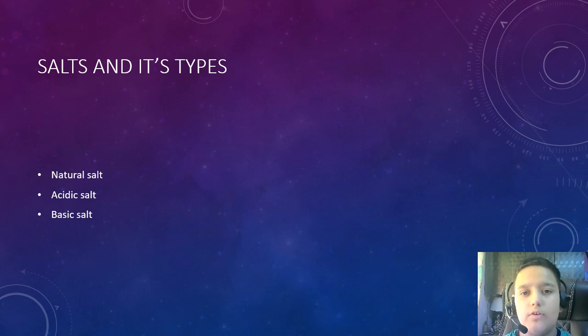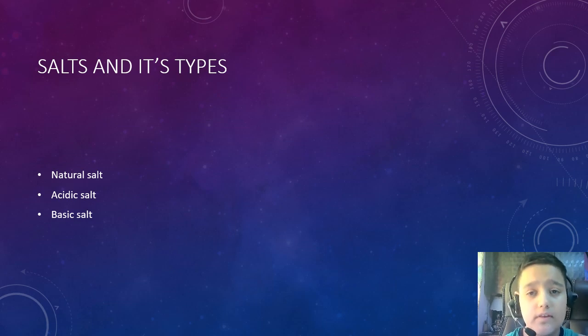Let me give you an example: the salt of hydrochloric acid is known as chloride, and the salt of sulfuric acid is known as sulfate. And as you can see on my screen, there are three kinds of salts: neutral salt, acidic salt, and basic salt.